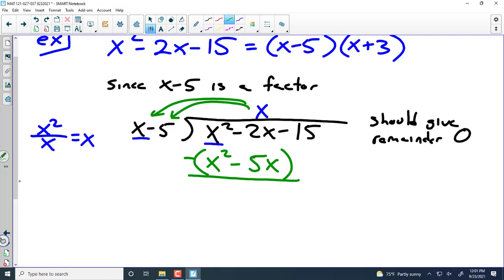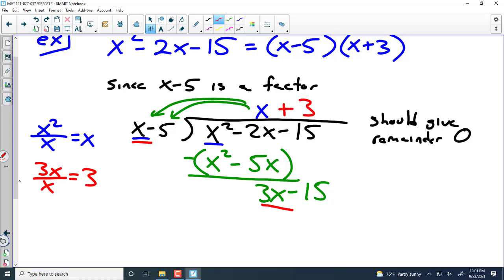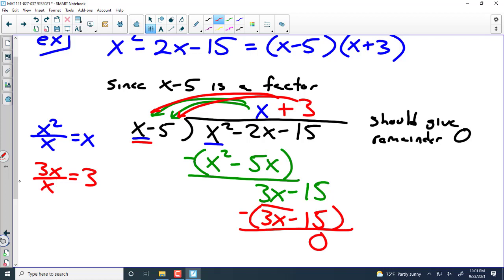That means x squared minus x squared is 0. Negative 2x plus 5x is 3x. Bring down the negative 15. Then you divide x into 3x. That's 3. So you write a plus 3 up here. You multiply that back through, and you get 3x minus 15. You subtract that off, and you get 0. Wait, is that what I wanted to have happen?